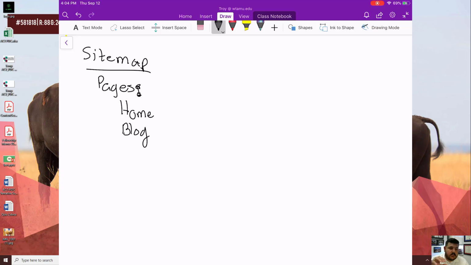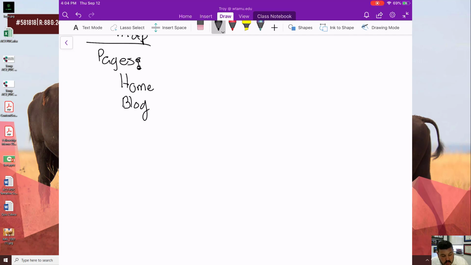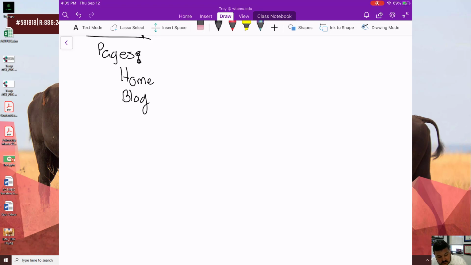That's where we're going to house the individual stories highlighting our three segments, which are alumni, faculty, and students. I also know that I want a page that highlights our AgCom students who have written these stories. And so I think I want something named maybe contributors or writers or something to that effect.